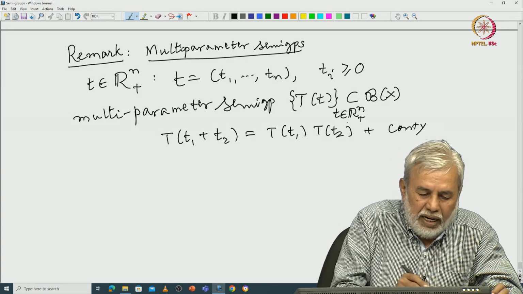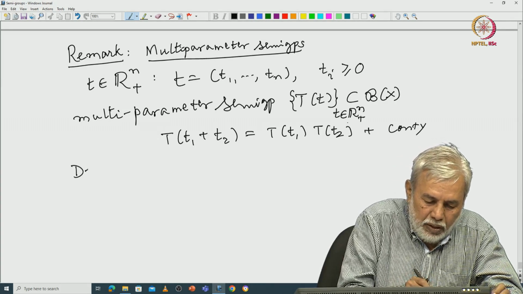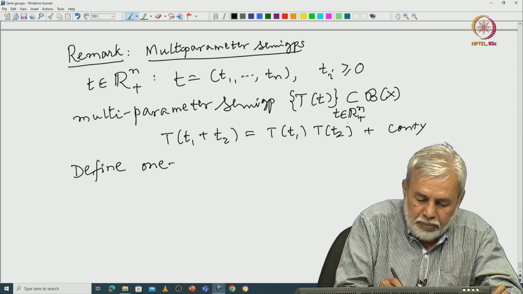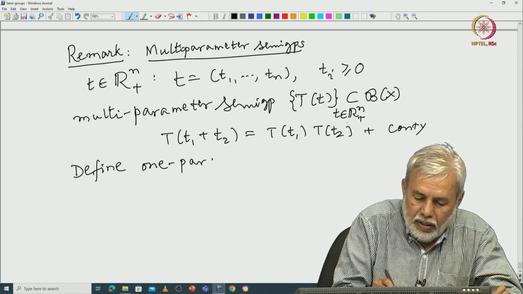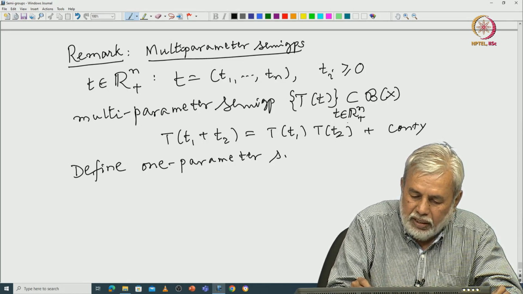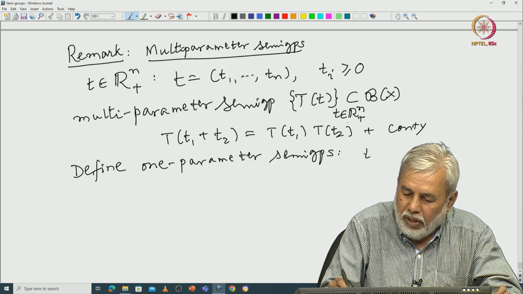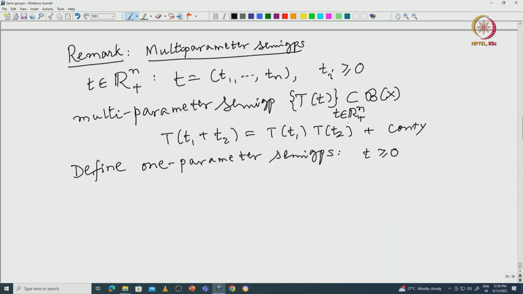So now we can define one parameter subsemigroups. Just pay attention to the notation. So now I am defining only for t non-negative. Okay, it is not an n-tuple, just a non-negative real number.